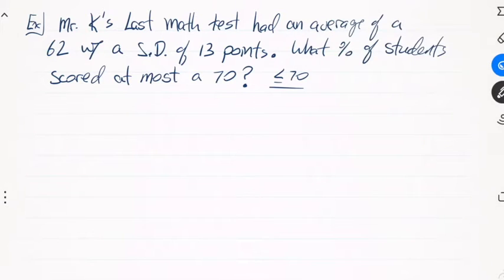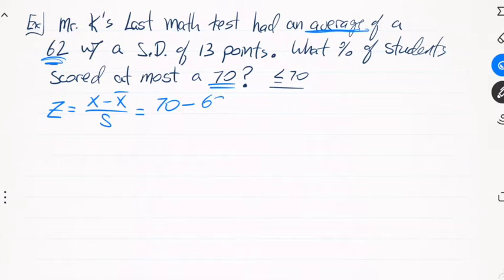Well, it gives us enough information that I can find a z-score. So z is equal to x minus x bar over the standard deviation, x bar, of course, being the mean, x being the data point. Now, the data point is 70. The mean is the same thing as the average, which is 62. And the standard deviation is 13 points.